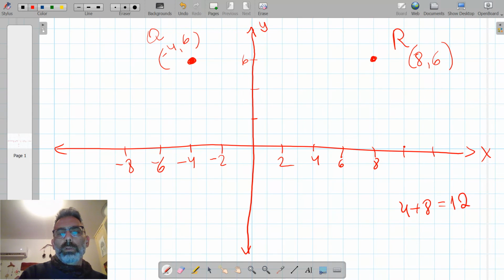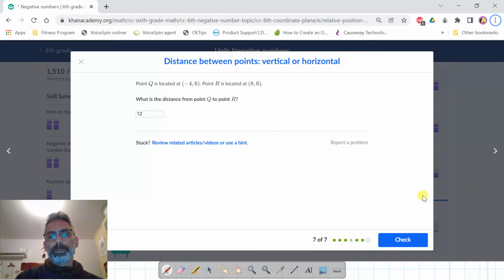You can also think about it as 8 minus -4, which is also 12, because it calculates the distance between these 2 points.